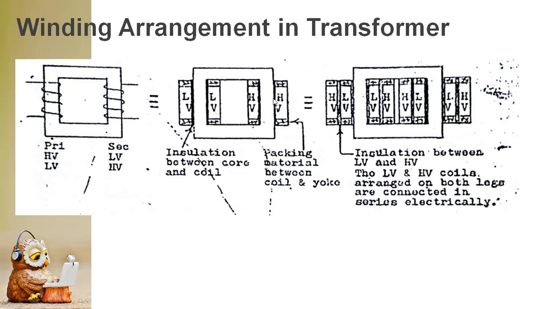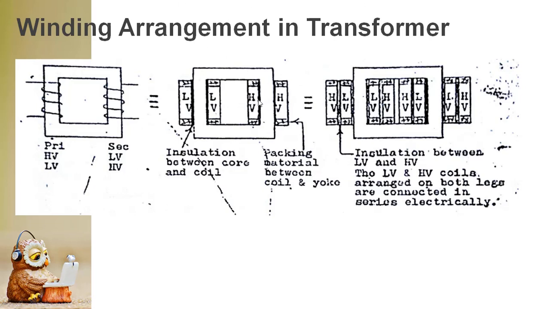But practically we don't have a transformer like this, because as the voltage increases on the HV side, it is a very tough job to provide insulation between the core and the high voltage winding. It will be a difficult job to provide insulation between this core and the HV winding, and also the chances of failures or damages will be high in this case.